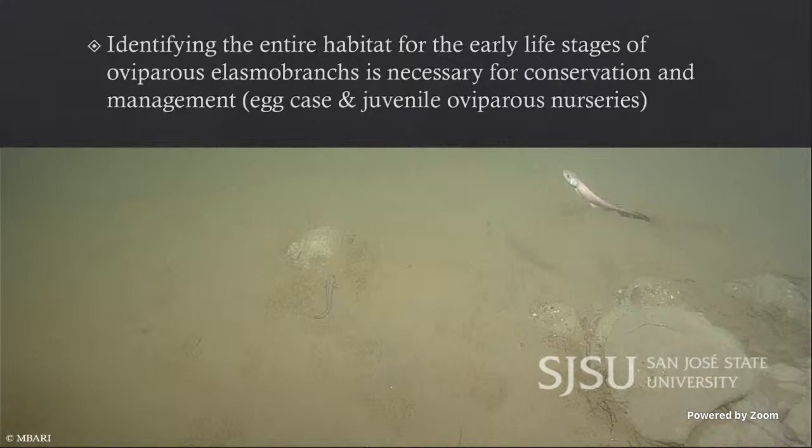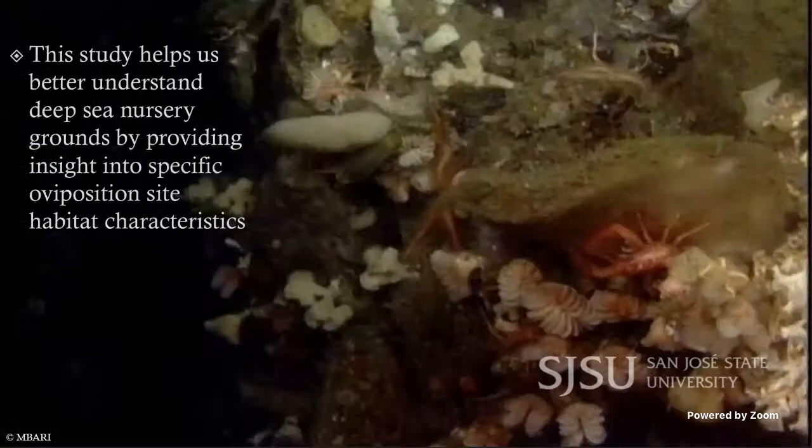These sharks have a slow growth and late age to maturity, so being able to identify where these juvenile nurseries are would be the next valuable step. And although both of my study species have no documented declines, this study overall will help us better understand deep sea nurseries into specific oviposition site habitat characteristics.